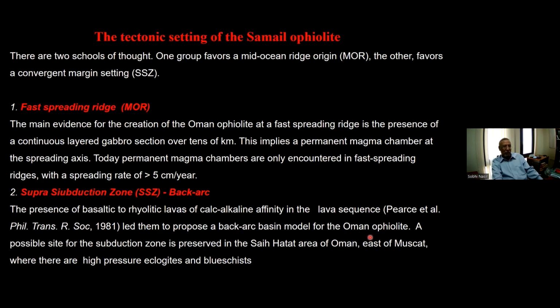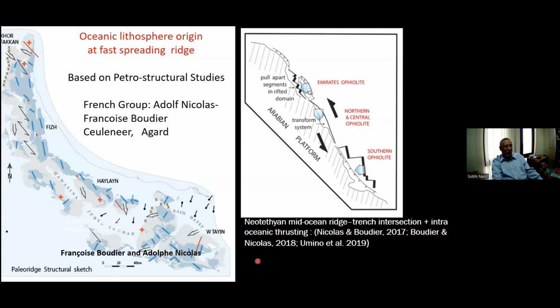And a possible site for the subduction zone is preserved and can be found in Oman in an area called Sihattat area or Sihattat Dome, east of Muscat, where there are high pressure eclogite and blueschist indicating a subduction zone environment. So the first group made all their study depending on petrological and structural study.